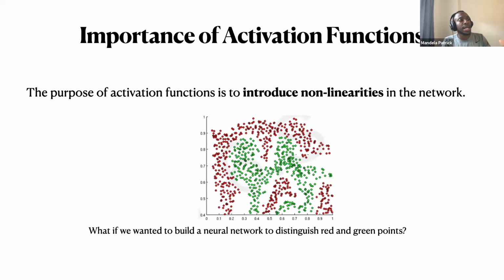But if you look at the red and the green points, any straight line would not do a good job of separating them. So this data is fundamentally nonlinear, and we need to introduce nonlinearities into our network to capture this nonlinear structure of the data.